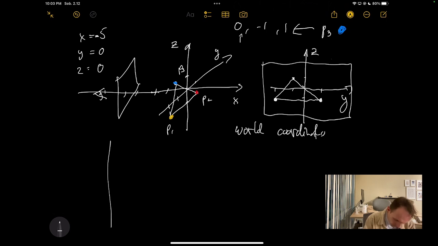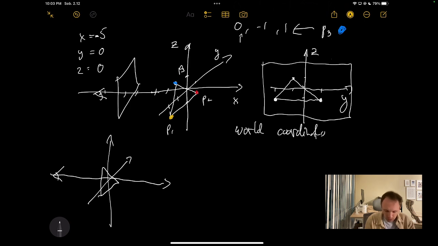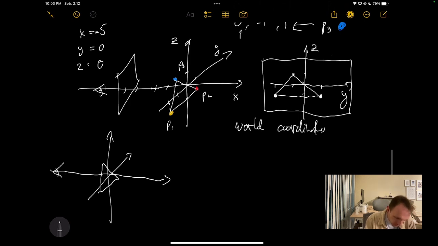First step, we have this, and we have this, and then here's the triangle, right? The triangle exists around the beginning of the coordinate system, and the camera is pretty far away from the coordinate system.